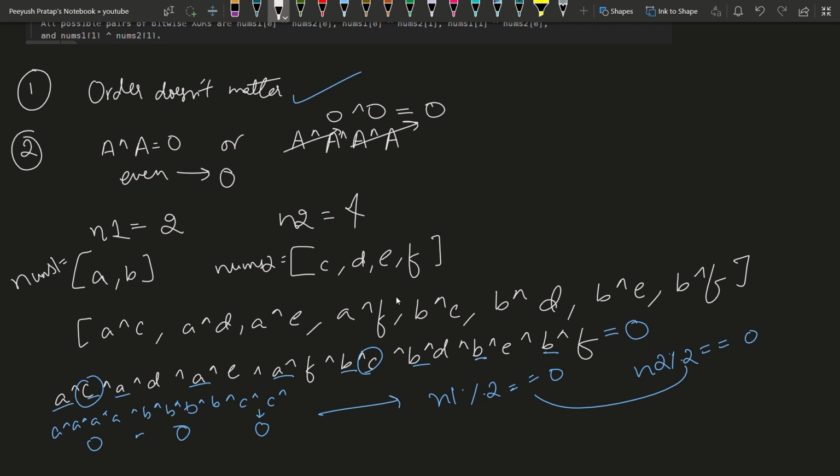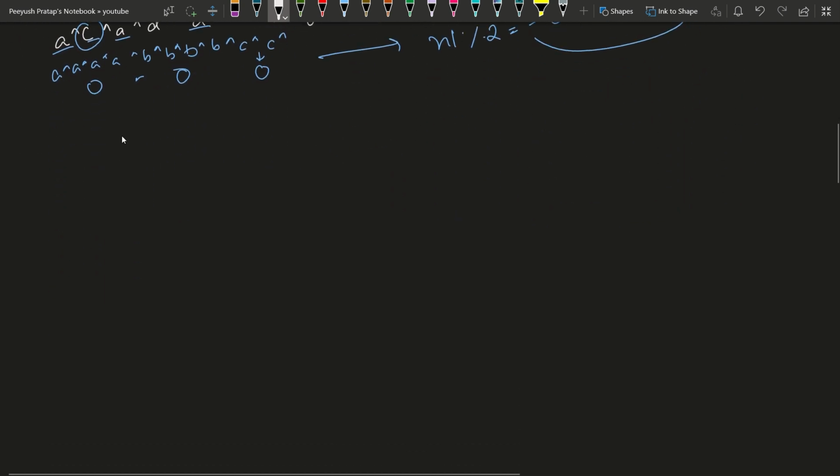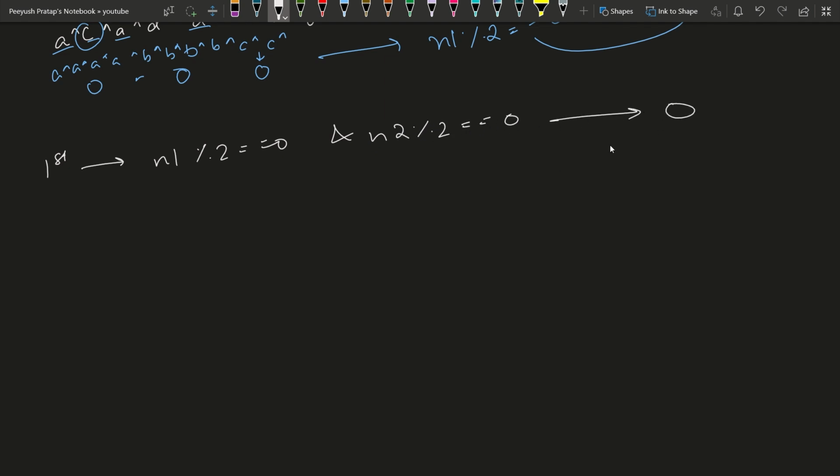Okay, now we have seen one case, first case where N1 is E1 and N2 is also E1, then our answer is 0.